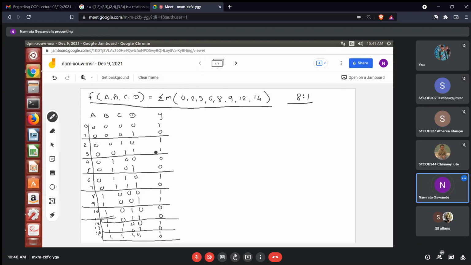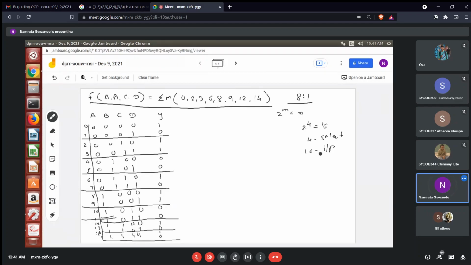After grouping these two rows, see what we have seen: 2 raised to power m equal to n. There are 4 variables, and variables are nothing but select lines. 2 raised to power 4 equal to 16, means 4 select lines and 16 data inputs.